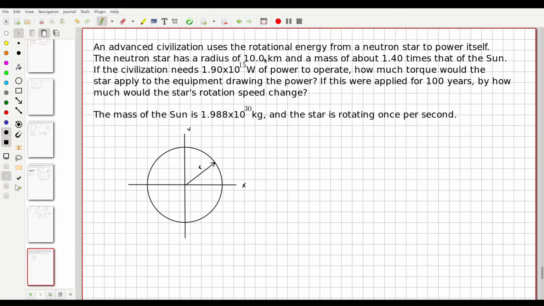It is 10 kilometers. I'll put some givens up here. We know the mass of it.